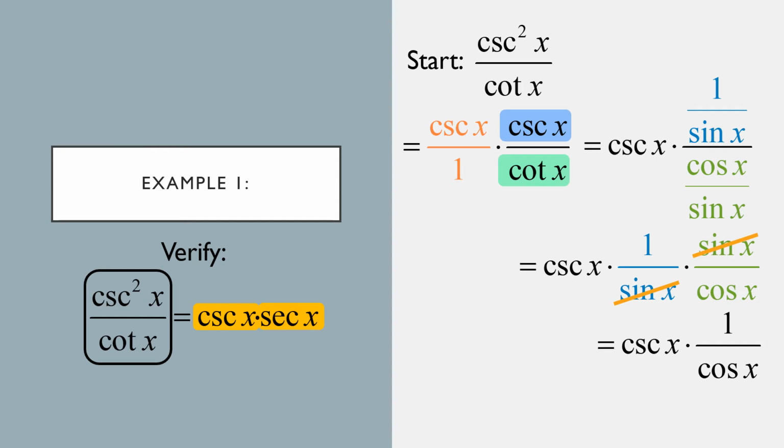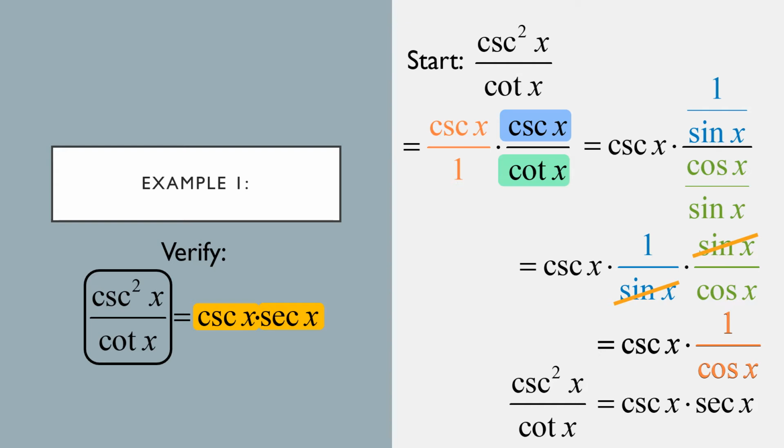We have the cosecant of x. If I use a reciprocal for 1 over cosine of x, I end up with the other side of the identity. And ultimately, I have proven that the left expression is equal to the right expression, meaning that this identity is true for any angle value for x.